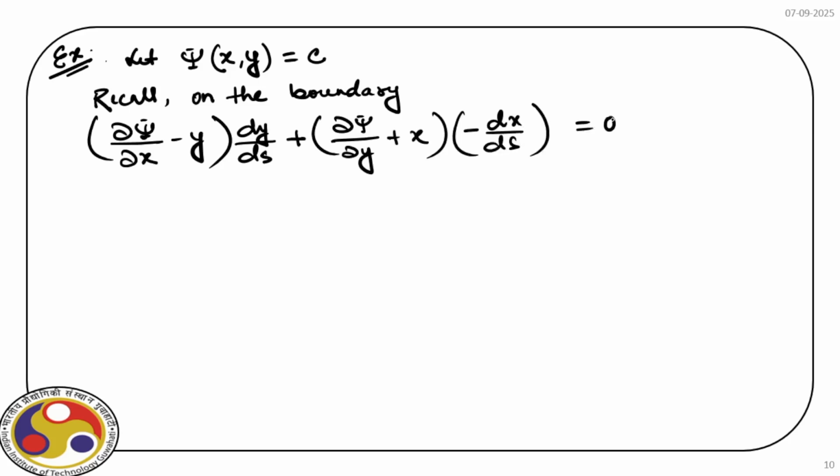This is the second condition that we have derived, right? Now, if we have this special case where the warping function is constant, then what do we get?